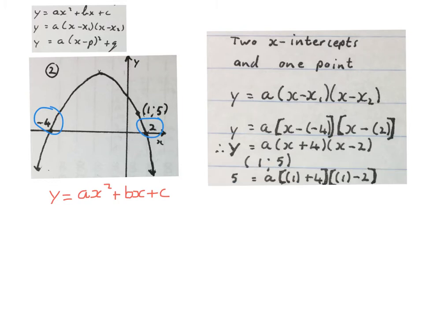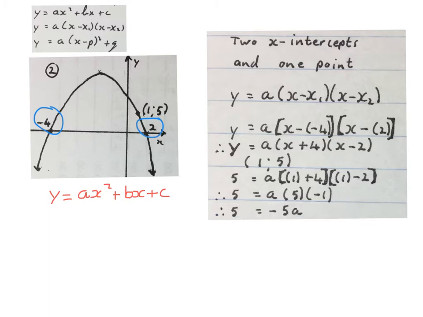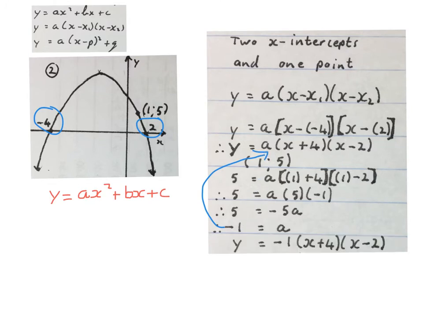Remember to always substitute in brackets. Simplify the two brackets separately. And keep going to solve for a. Times the two brackets out. Then solve for a. If I divide by -5 on both sides, then we take this -1 back to that position there. Then our equation will look like this.